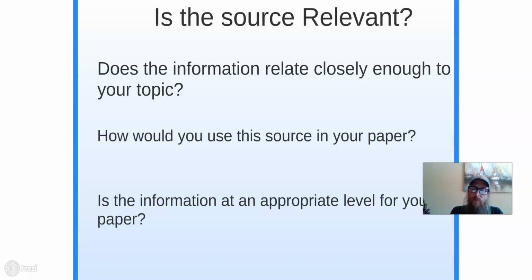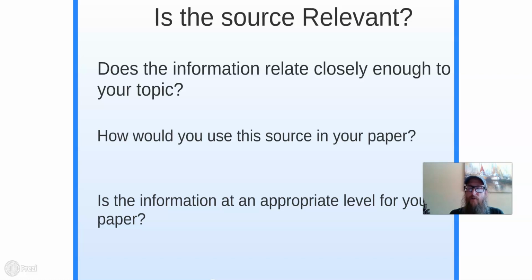For example, most students know intuitively you would not want to use the National Enquirer, something you find at the grocery store in the checkout line, as a source in an academic paper, right? But it's important to think about why. And that conversation has to do with what I like to call level, which is related to relevance. Is it at the right level?